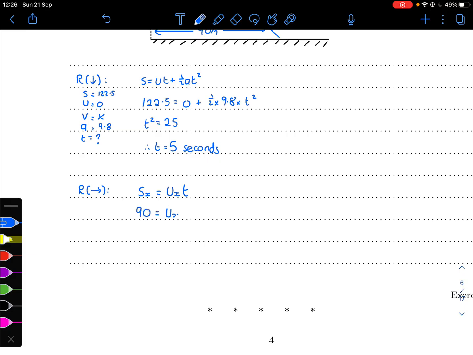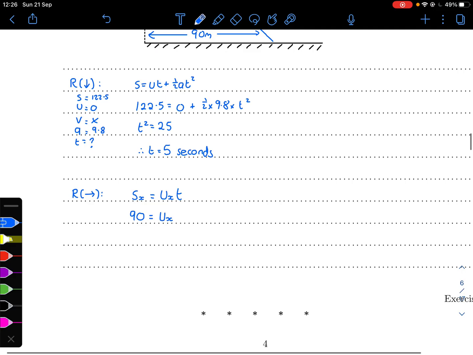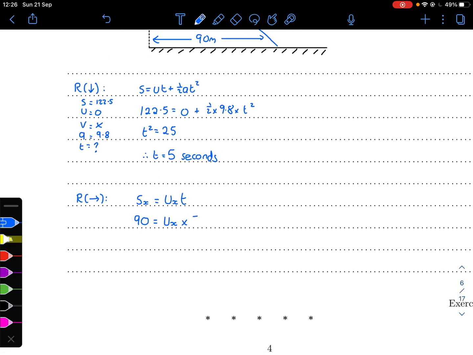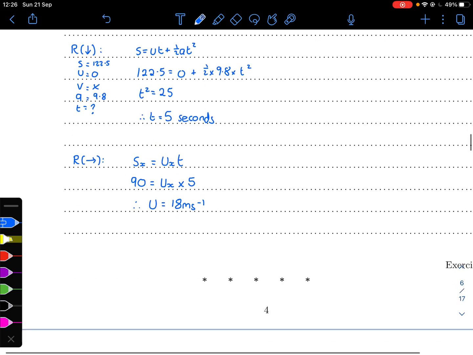It will be the final answer because it is the only component of velocity at the start. So dividing by 5 gives us 18 meters per second.